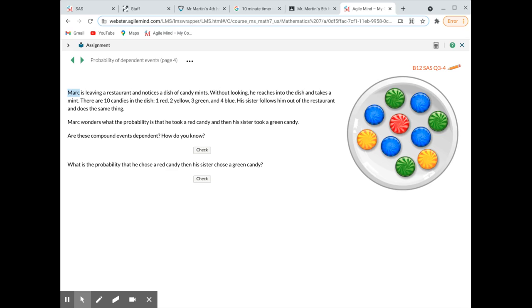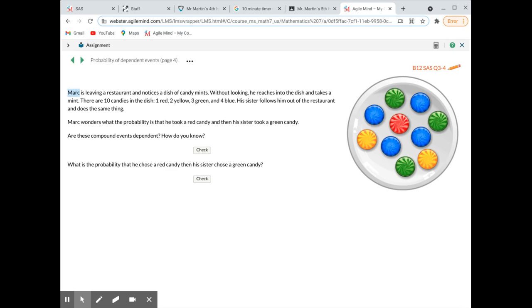Does anybody have anything to add? I think of an independent event as an event that occurs and then the item is replaced, and the next person that goes has the same opportunity as the first person. A dependent event is when an item is taken and it's not there anymore, so the next person doesn't have the same chance of getting what you got.